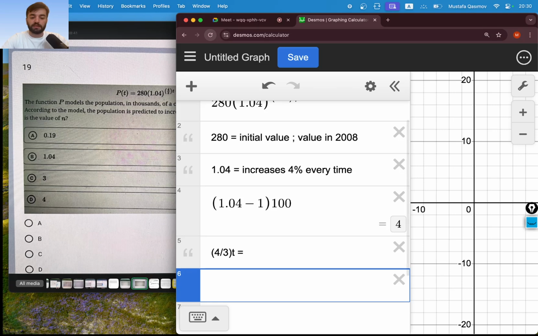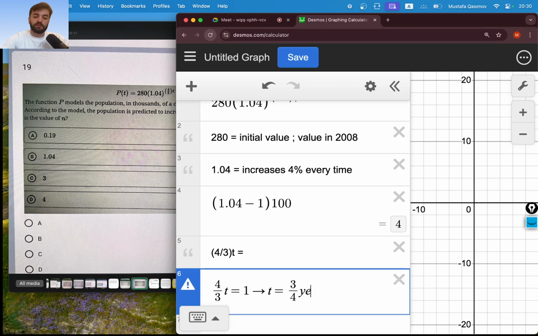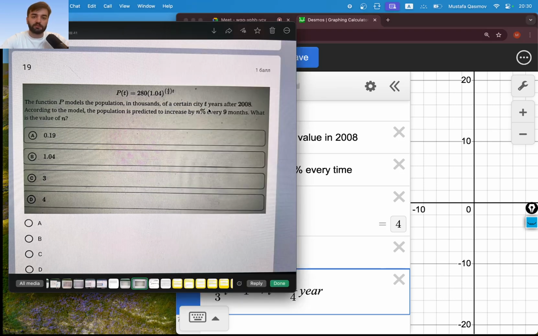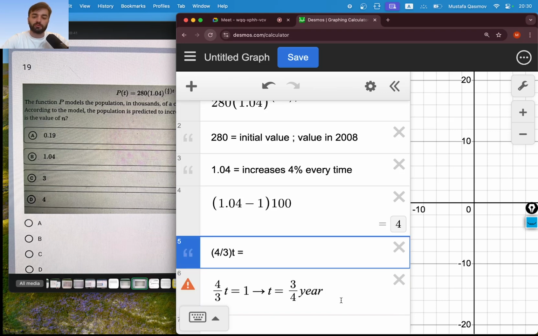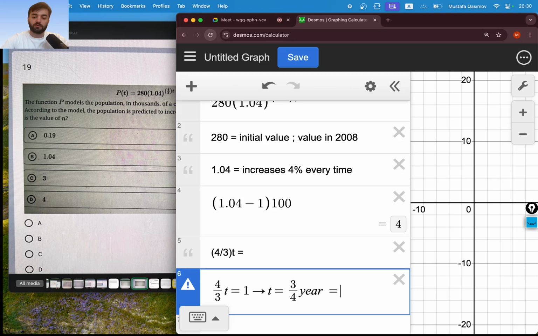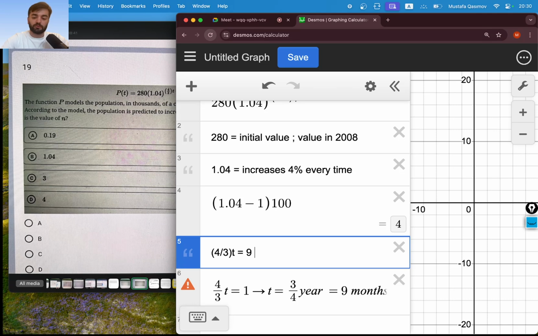Here you have to think like this: 4 over 3t is equal to 1. From here t will be equal to 3 over 4, because t represents the number of years, and we know a year is 12 months, so the answer is 9 months.